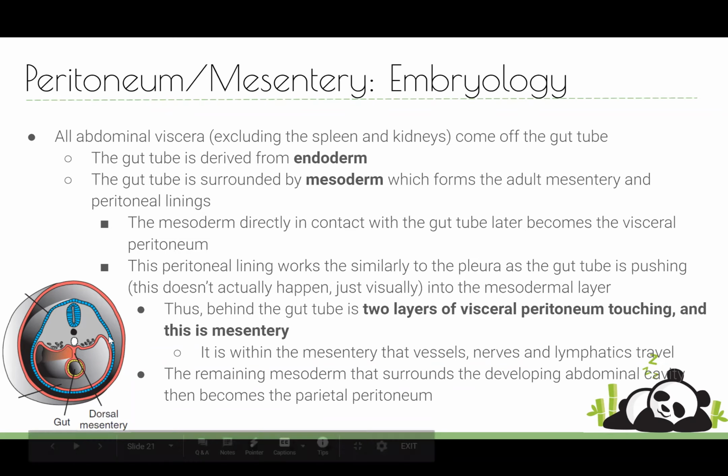The mesoderm that directly touches the gut tube will become the visceral peritoneum in adult life. This works basically the same way as a pleura did in the lungs. It doesn't actually happen the exact same way, but visually and logistically speaking for you guys, it's the same thing. Behind it then is 2 layers of visceral peritoneum which touches each other.